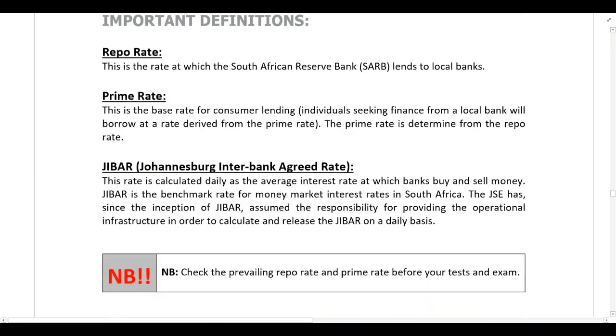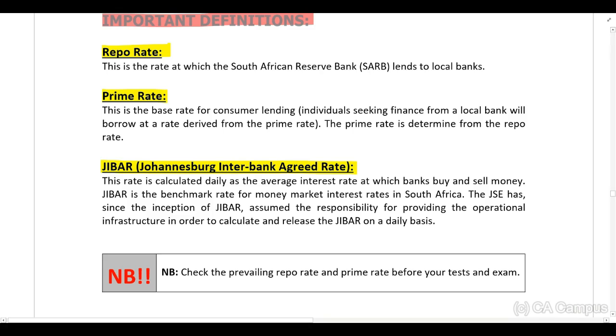Before we look at how companies can hedge interest rate risk or manage their exposure to it, we need to cover a few important definitions. We need to understand what the repo rate is, the prime lending rate, and also the JIBAR, or the Johannesburg Interbank Agreed Rate. First, let's look at the repo rate and the prime rate.